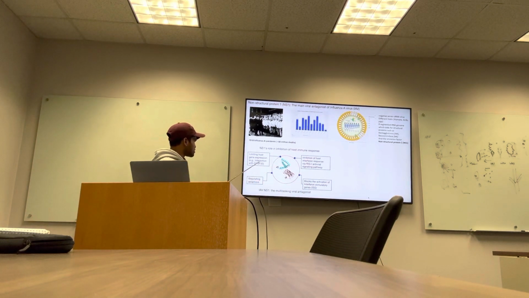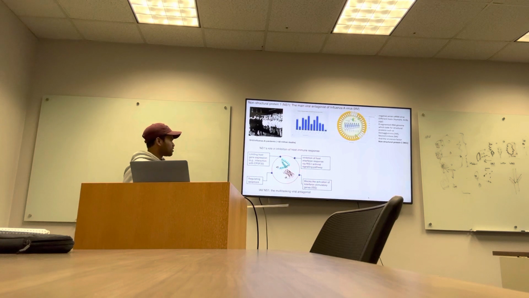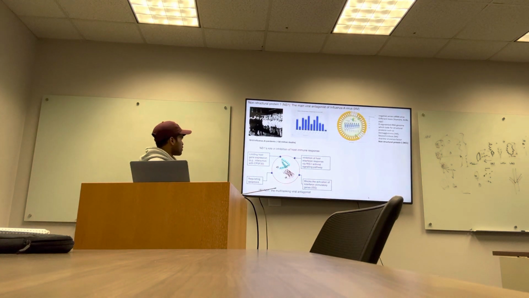It also interacts with a host protein, CPSF30, which is a polyadenylation factor, to inhibit host gene expression. It blocks activation of interferon stimulatory genes and also regulates apoptosis. So it's a multitasking viral antagonist: a single protein that antagonizes the host immune response.